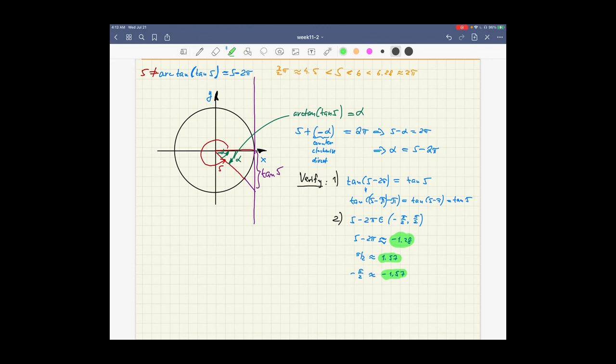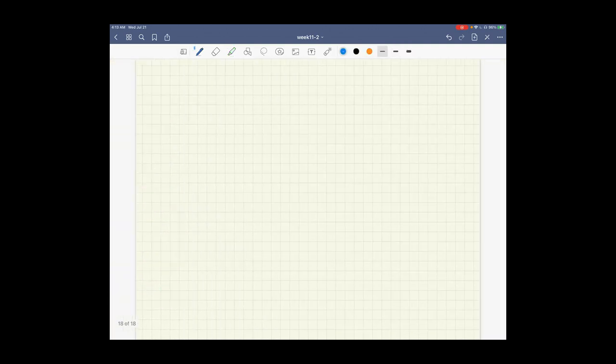Another way to look at this problem is to use the graph of tangent when I'm thinking about arctangent of tangent 5. I can think of the graph of tangent.